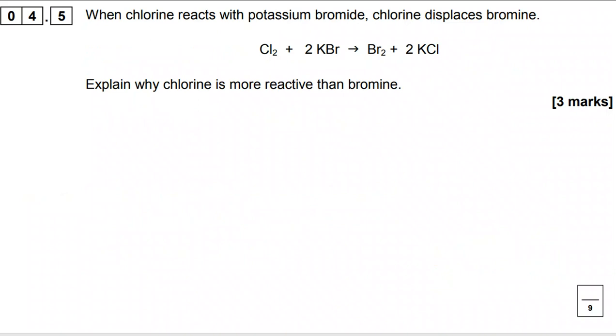And finally, moving on to 4.5, when chlorine reacts with potassium bromide, chlorine displaces bromine. Explain why chlorine is more reactive than bromine. So reactivity of group 1 down a group and group 7 down a group, you have got to learn and remember. And they're opposite directions for each one. For chlorine, chlorine is a smaller molecule.